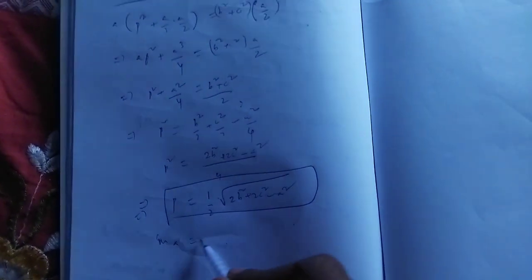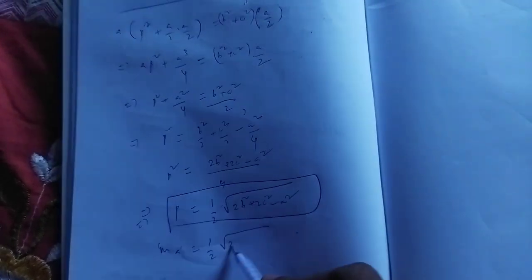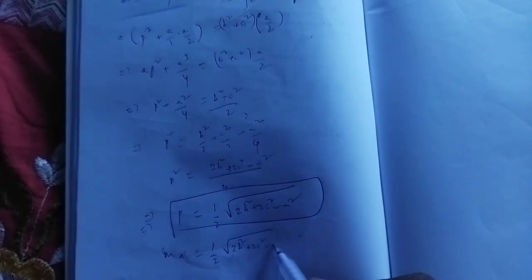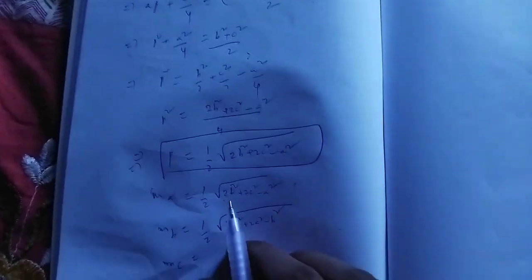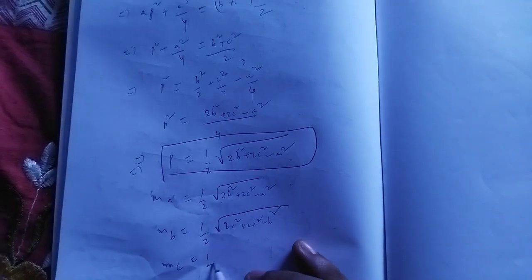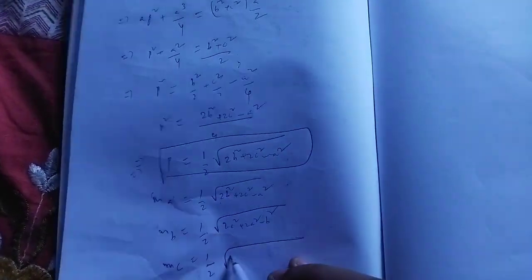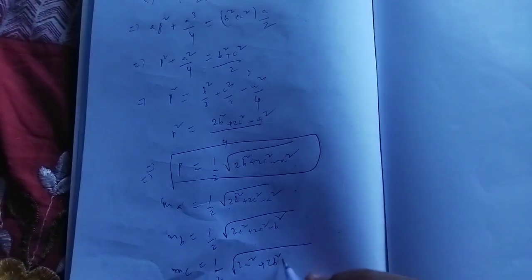Let us name it as the median through a, ma equals half root over 2b square plus 2c square minus a square. Similarly, mb equals half root over 2c square plus 2a square minus b square. Similarly, mc equals half root over 2a square plus 2b square minus c square, right?